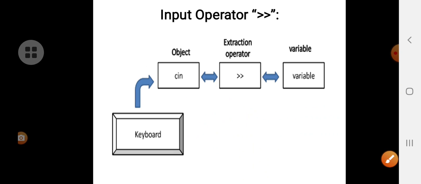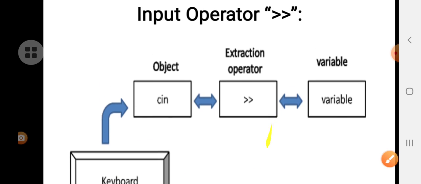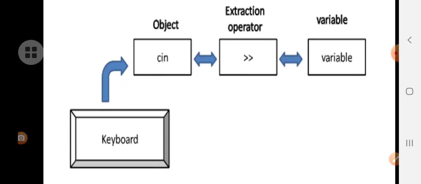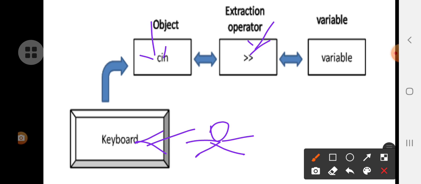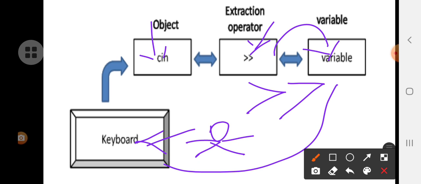Next we will see how the input operator works. From the keyboard the user will be sitting and giving the input using the cin object. It will be extracted by the extraction operator, and then finally the variable is extracted from the keyboard.